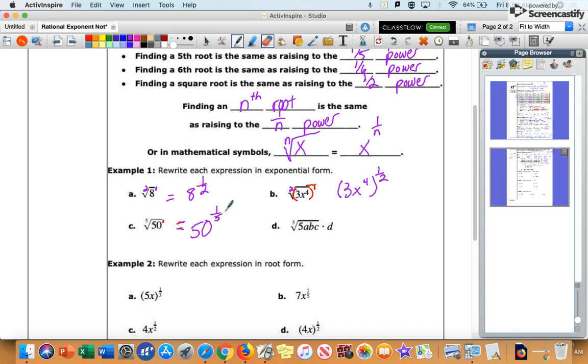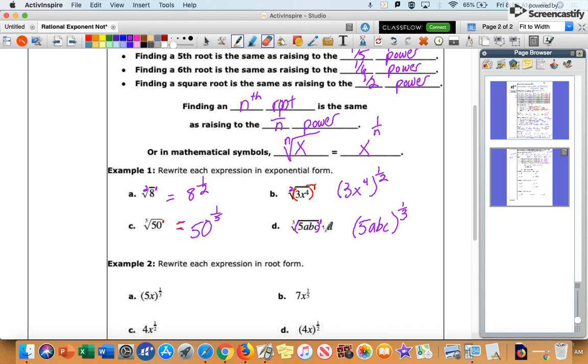With D here, we've got this whole thing underneath the root, so I'm going to put parentheses around that and put a little 1/3 outside. So that's the same thing as saying this whole thing, 5abc, to the 1/3 power.